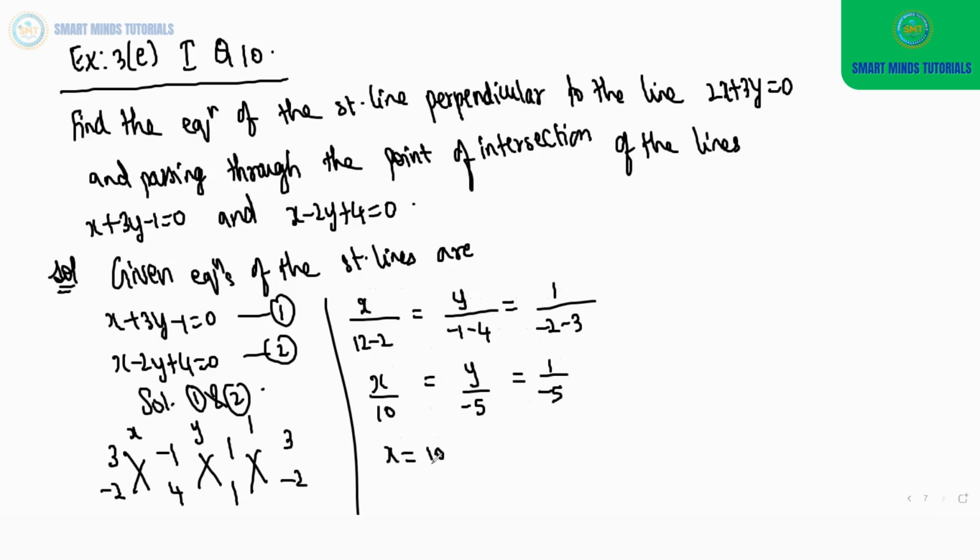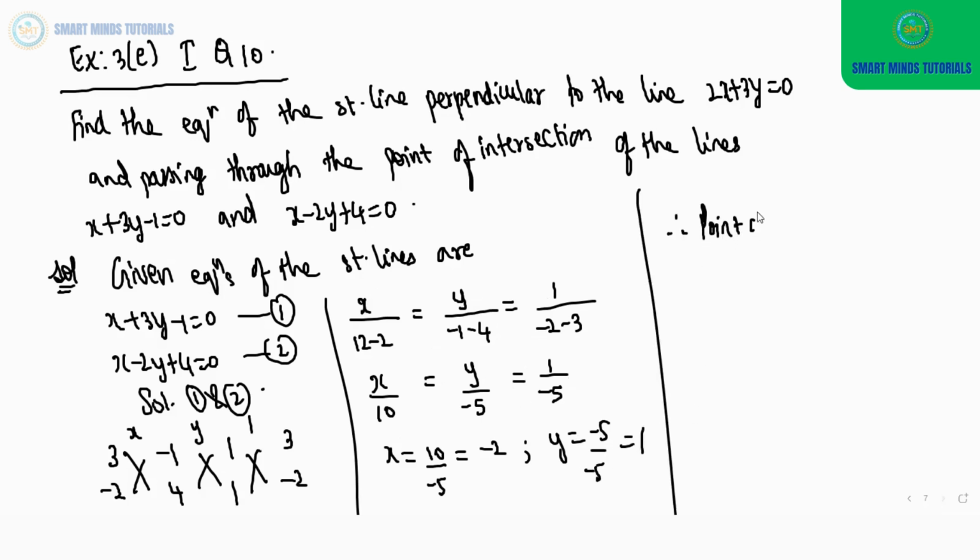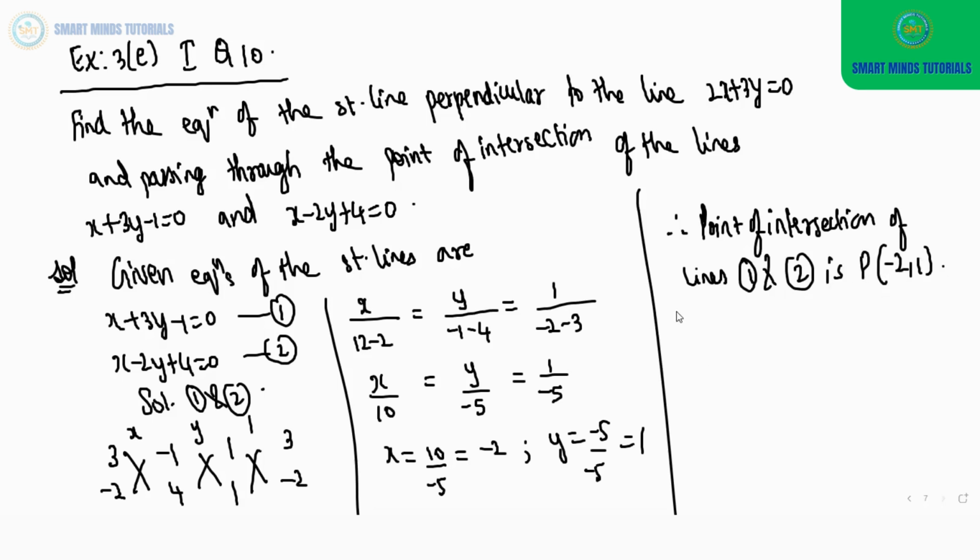So x is equal to 10 by minus 5, which is equal to minus 2. Now y is equal to minus 5 by minus 5, which is equal to 1. Therefore, the point of intersection of lines 1 and 2 is P(minus 2, 1).